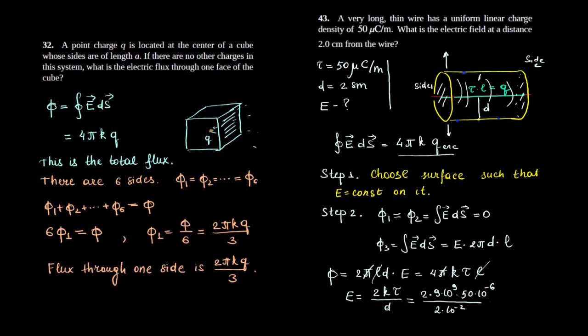So it is equal to 4.5 times 10 to the 9 minus 6, it's 3, plus 2 and plus 2. So it is 10 to the 7 Newton per meter square.